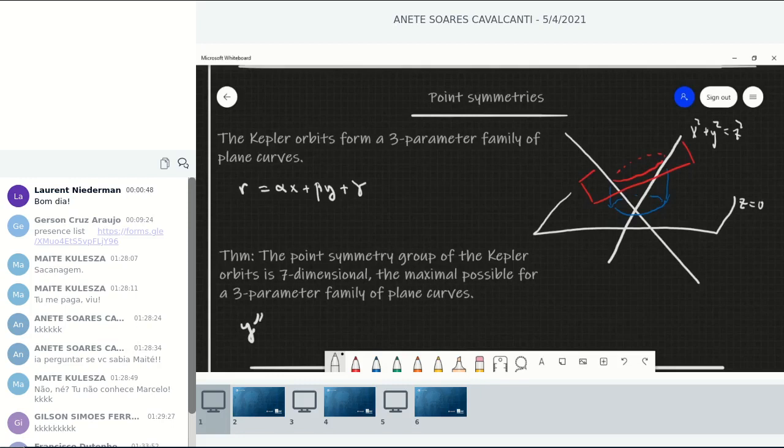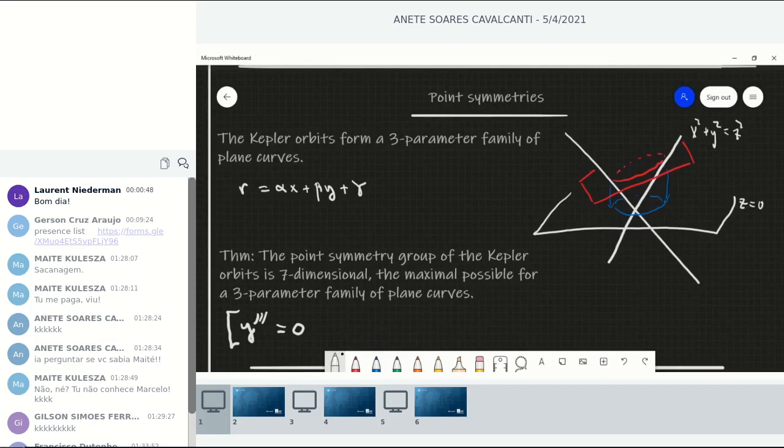So 3-parameter families of curves are equivalent to third-order ODEs. And what I'm saying is that Kepler orbits in terms of ODEs are equivalent to the simplest ODE, that of vertical parabolas in the plane.